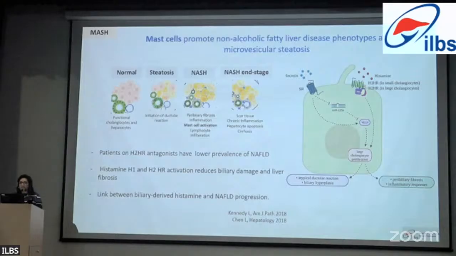Yes, sir. Actually, that's why there are studies which show that people on histamine antagonists are protected from NAFLD. Mast cells are releasing huge amounts of histamine during liver injury, and those receptors are present on the cholangiocytes, and those receptors lead to a pro-inflammatory condition. So there is something called mastitis. Mast cells are increased, and that was one area.